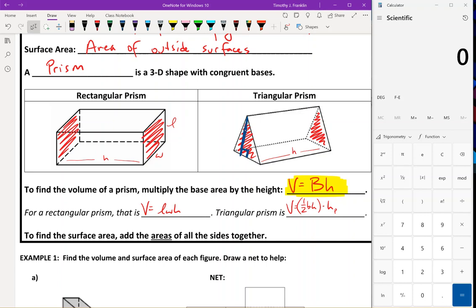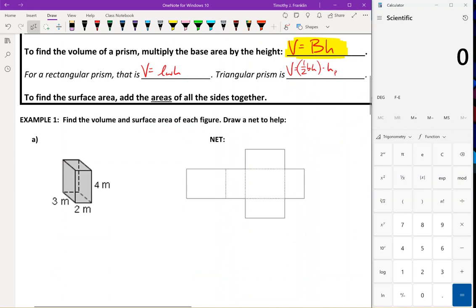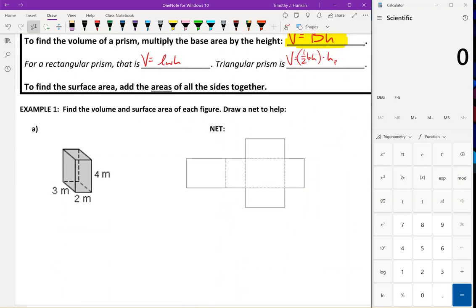So we're going to do a few examples here, a few different types. We'll see how this goes. So what we can do is use what's called a net to help us visualize what's happening, because when you look at a rectangular prism like this, you actually do have 6 sides, 6 rectangles that make it up. And this is especially helpful when finding surface area. So for volume, again, we're just going to multiply the area of the base times the height.